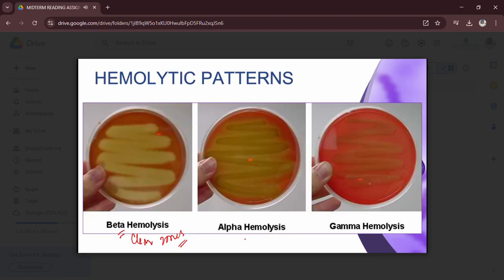As for alpha hemolysis, it's kind of greenish. There is a discoloration in the areas where our bacteria grew. And as for gamma hemolysis, you're just going to see the growth of the colony, but there is no lysis, no hemolysis pattern, no change in your agar.